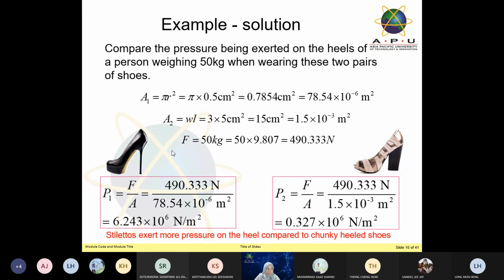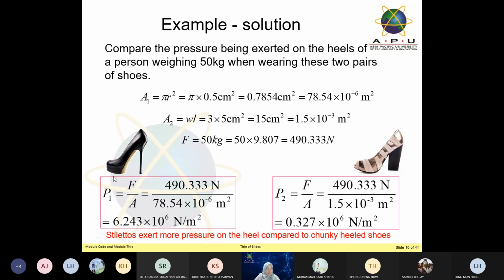Not only the heel, there is the front area also for calculation of pressure. This is not exactly the real answer for the pressure. A1 has less surface area, so more pressure.